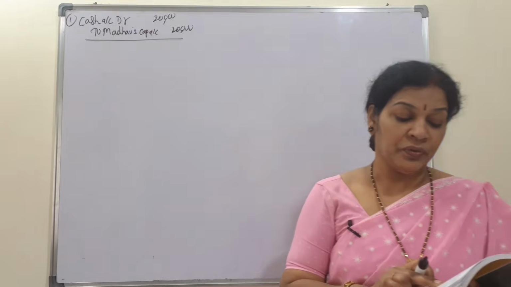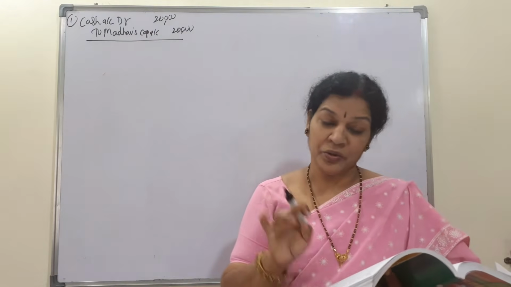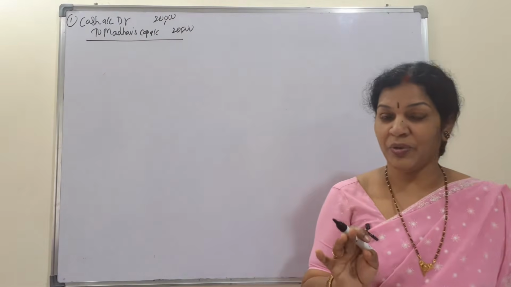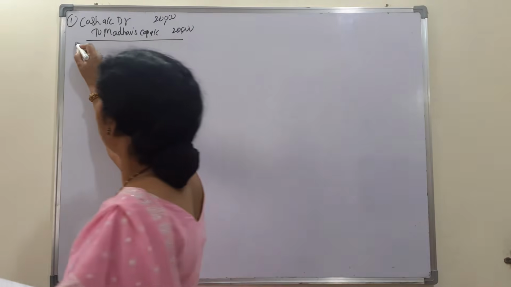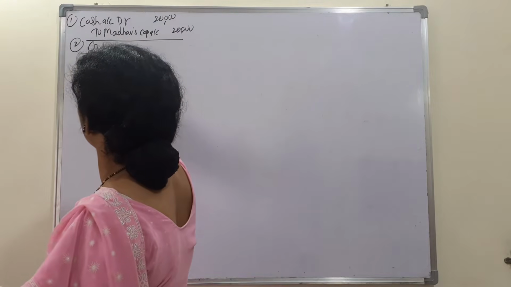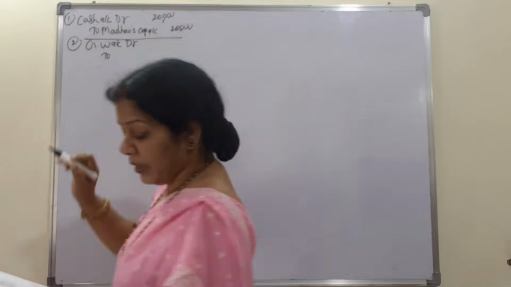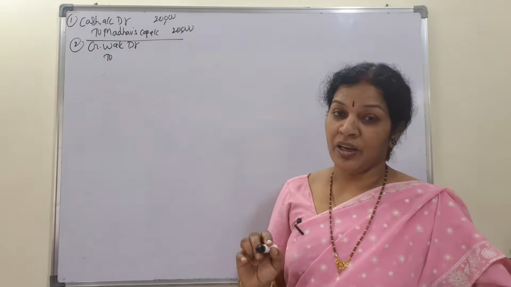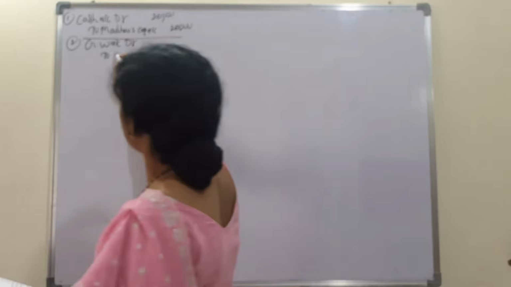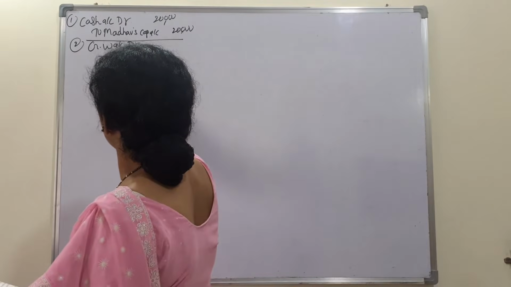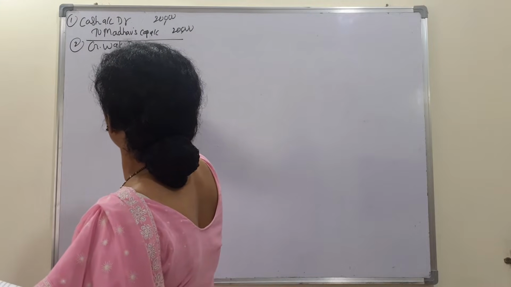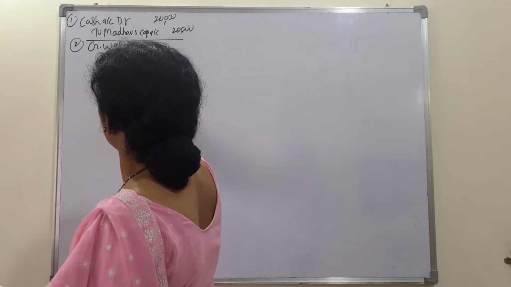Second one, goodwill of the firm 30,000 has been decided to be created. To create the goodwill, what is the entry? Goodwill account debit to old partners. Who are the old partners? One is Ram and one is Shyam. Ram's account, Shyam's account.